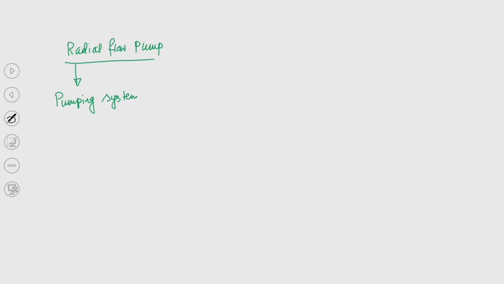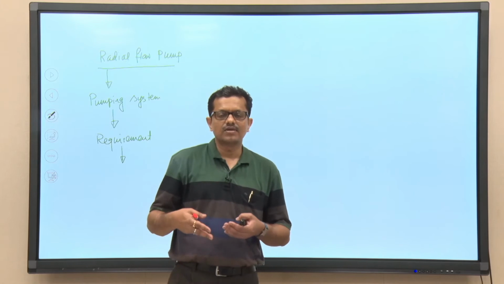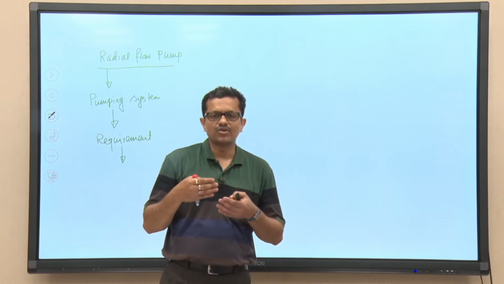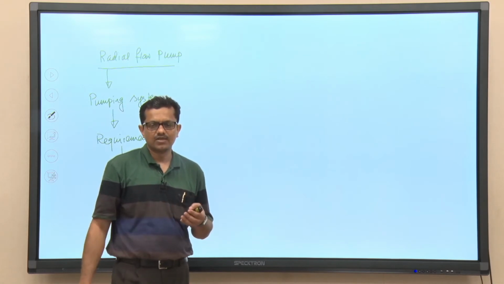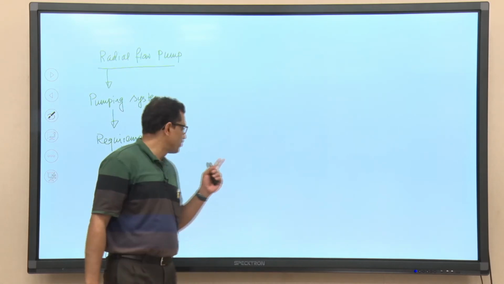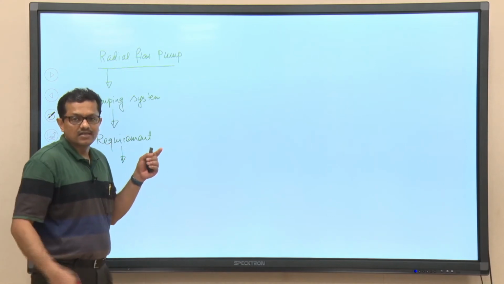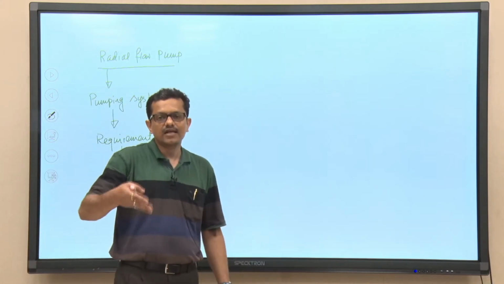So, basically you can understand I have introduced one important term, that is requirement. So, what is the requirement of the pumping system? Whether the system is equipped with one pump or more than one pump, the sole purpose is to meet the requirement that is needed by the end user.